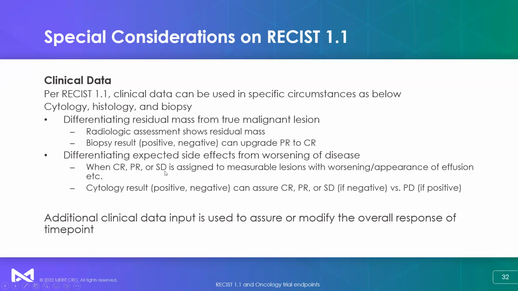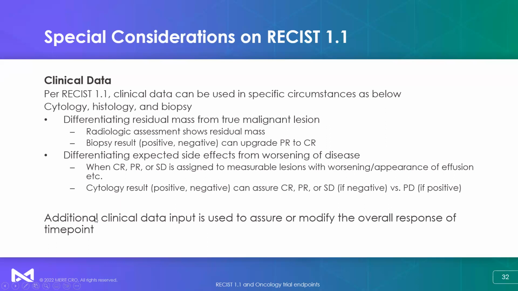When CR, PR or SD is assigned to measurable lesions with worsening or appearance of effusions or so, the cytology or histology being positive or negative can really assure whether those are responses or stable disease in case of negative, versus any cytology result being positive truly tells they should be progressive disease, not any possible side effect of the drugs.